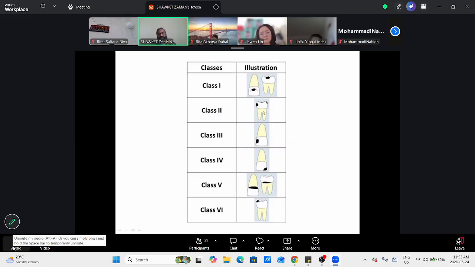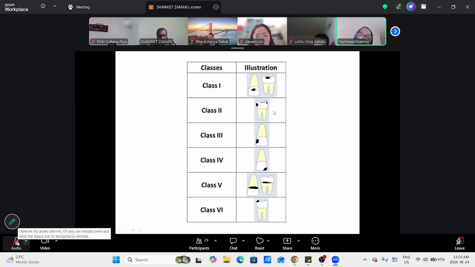Now the next picture is showing you here the dots, these black spots are the caries. Where you can see the black spot, what surfaces are involved here? The buccal surface. And what else? Lingual surface.